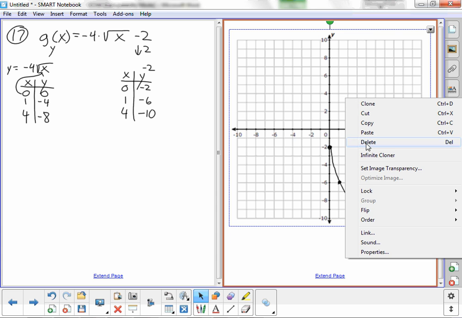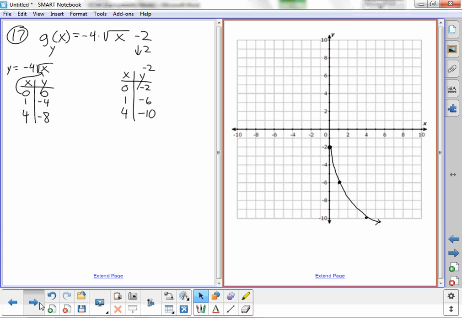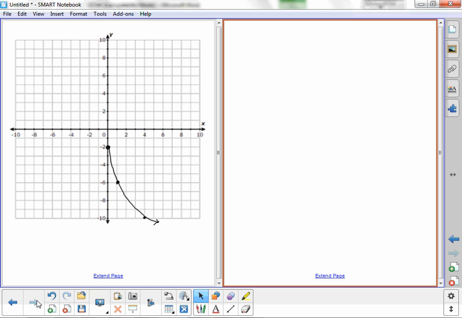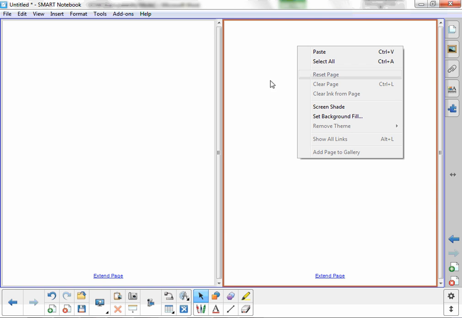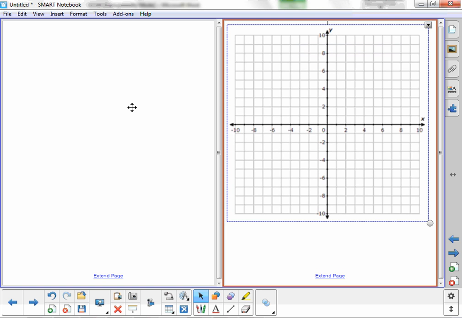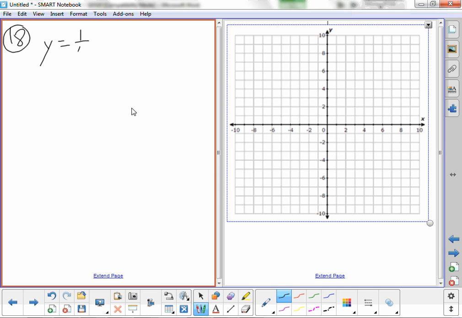So let me copy this graph also. Add a page. Paste here. Okay, so number 18. 18 says y equals 1/4 of the cube root of x plus 1.